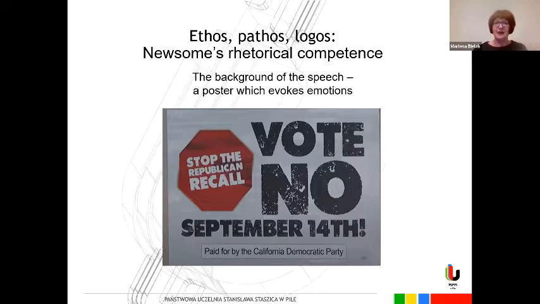And we can also see red juxtaposed with black, and red generally expresses anger and aggression. When I see red, I very often think of bullfighting and the red piece of cloth used to cause aggression, used to attract the bull.